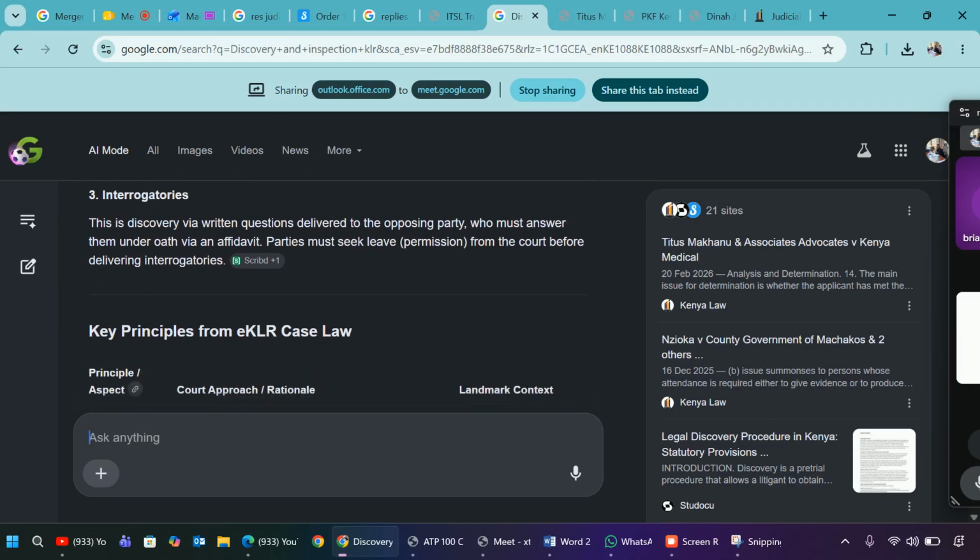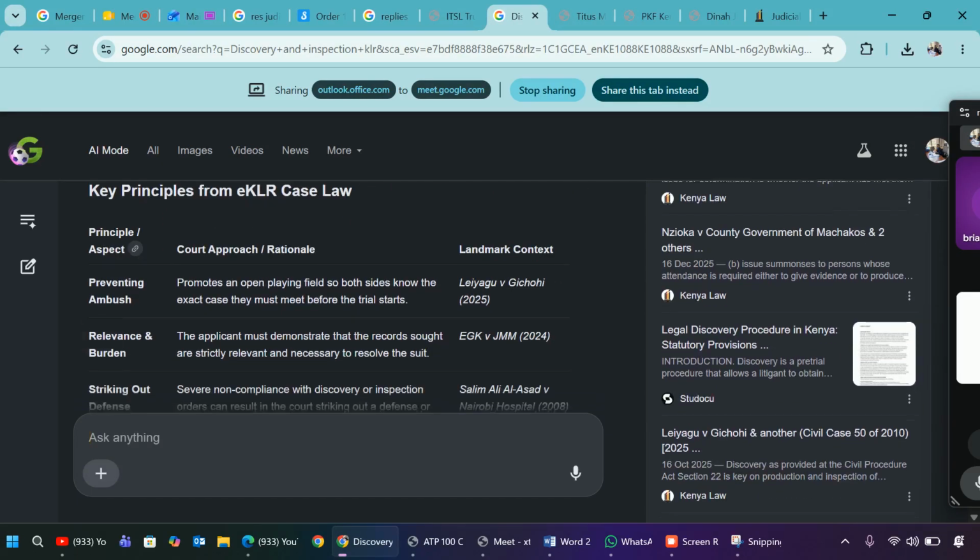We have interrogatories. This is discovery via written questions delivered to the opposing party, who must answer them under oath via an affidavit. Parties must seek leave or permission from the court before delivering interrogatories.